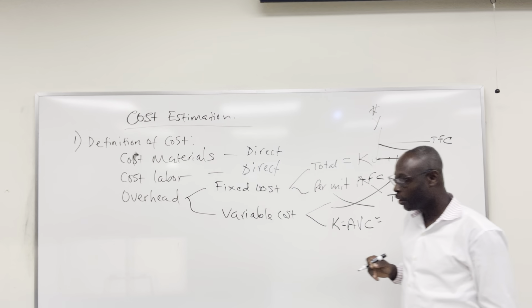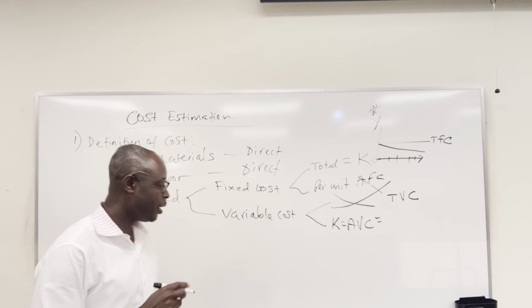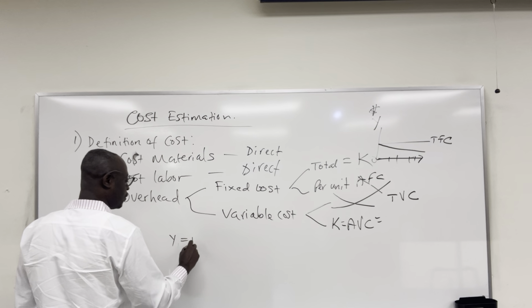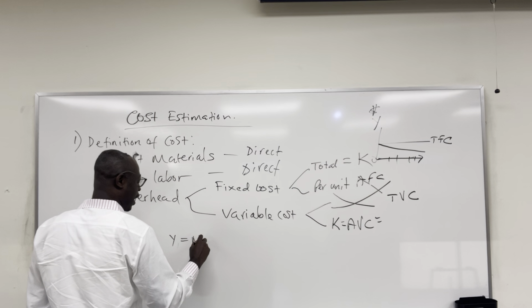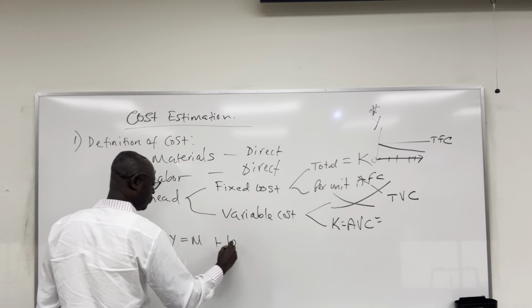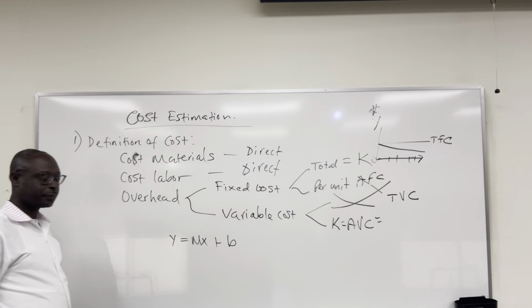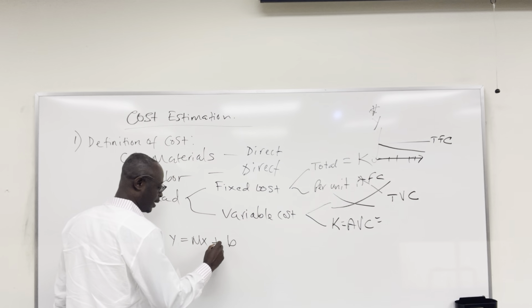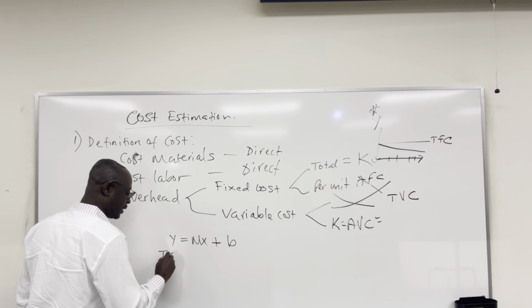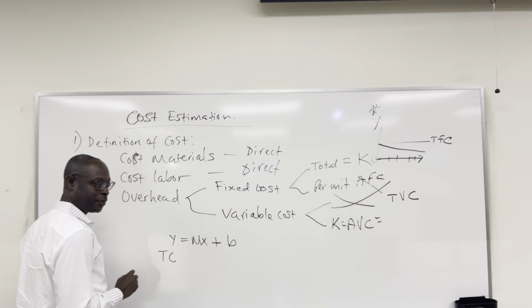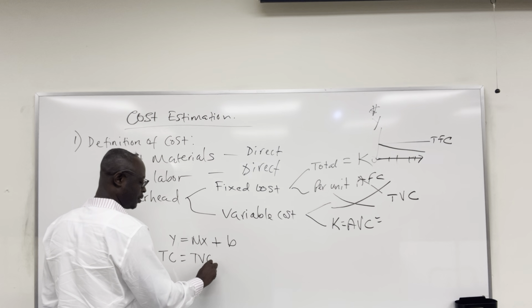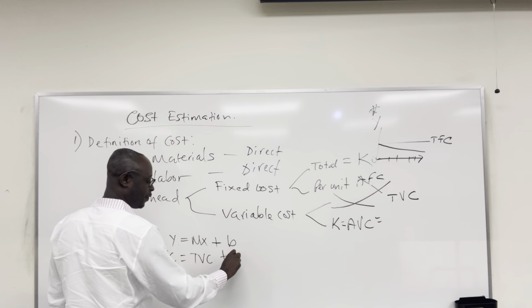So, we learned from algebra that if you want to know the dependent variable y, you could say mx plus b, right? If you like. And we know that we can also say that the total cost equals total variable cost plus total fixed cost.